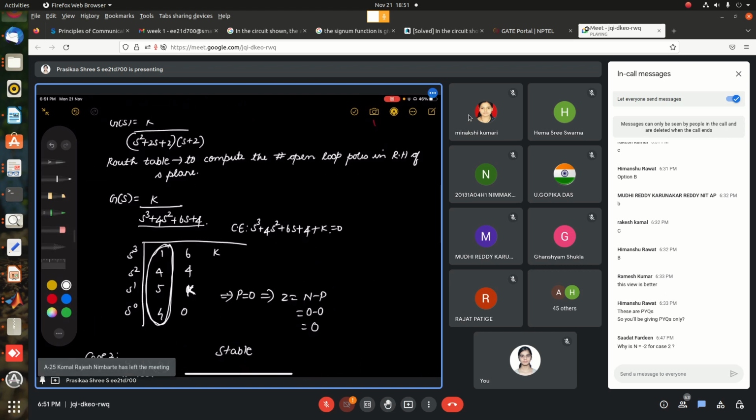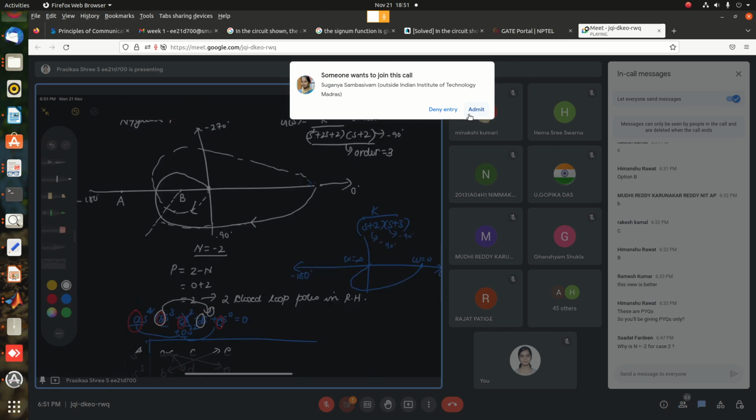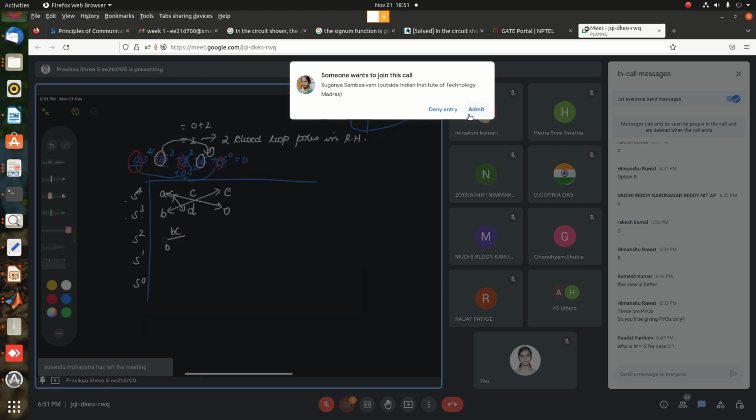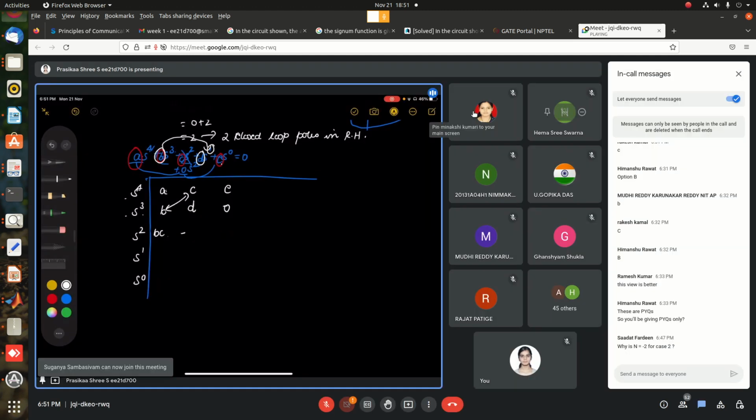Sorry, I'm extremely sorry, I confused the signs. It should be BC minus AD. The determinant will be taken in a different way. AD minus BC is the determinant, but it should be taken the opposite way: BC minus AD divided by B is what is here. Similarly, BE minus A into 0, divided by B, should be written here.